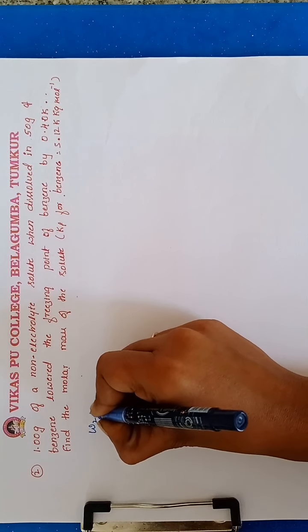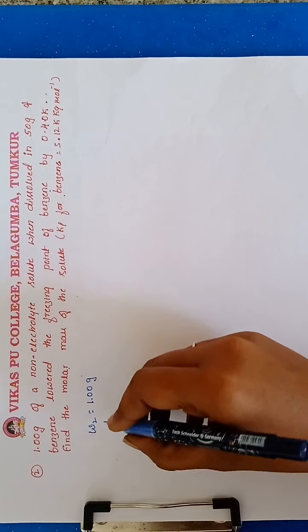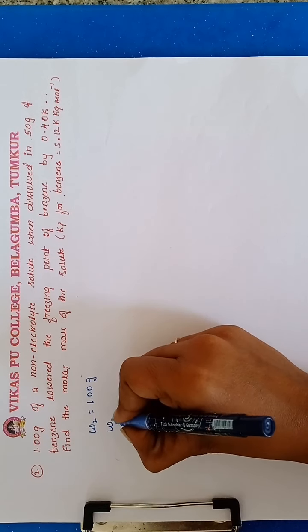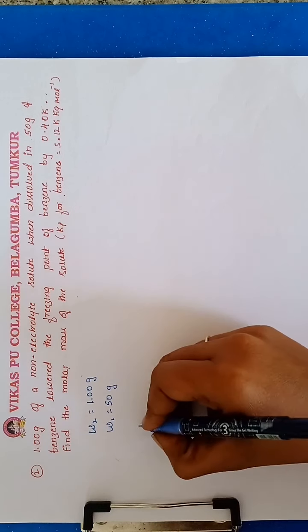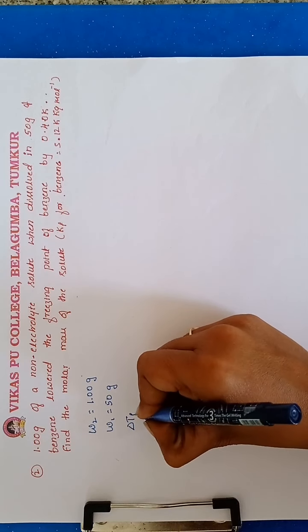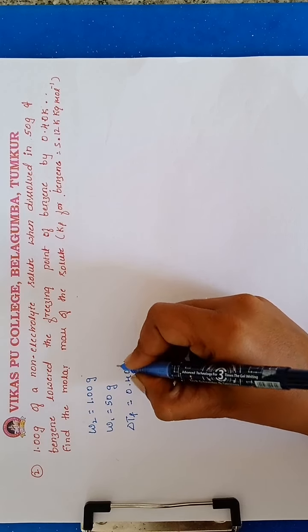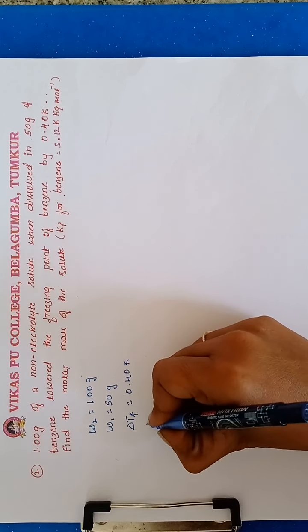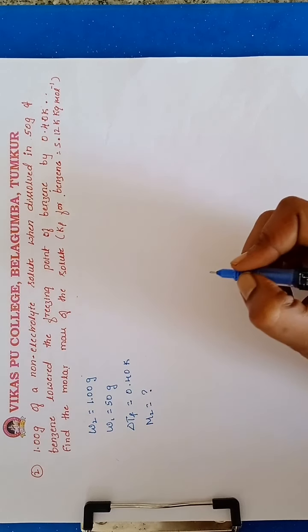WO2 they are given. WO2 is 1 gram. WO1 is 50 gram. Then the delta TF is 0.40 Kelvin. Then we need to calculate M2, that is the molar mass of the solute.